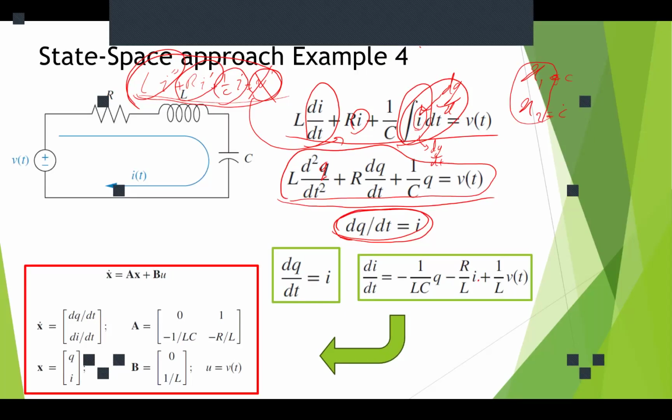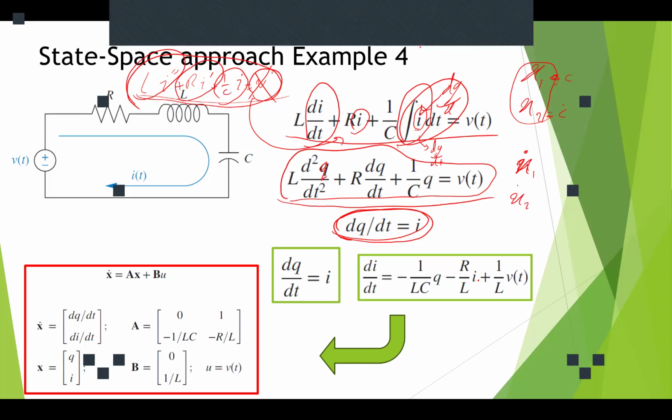Now, we should develop a formula that describes x1 dot and another formula that describes x2 dot. Are we good? Is that clear?